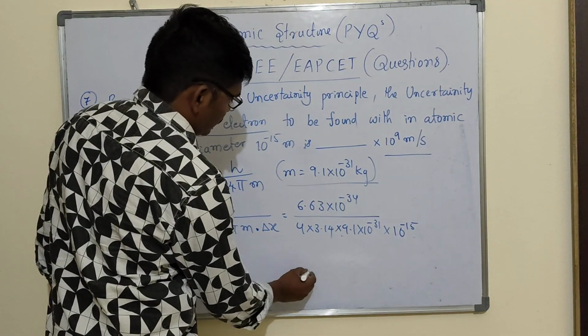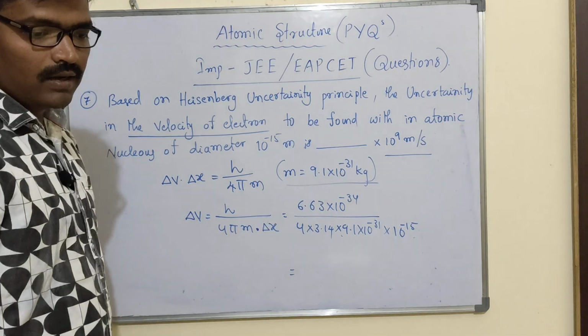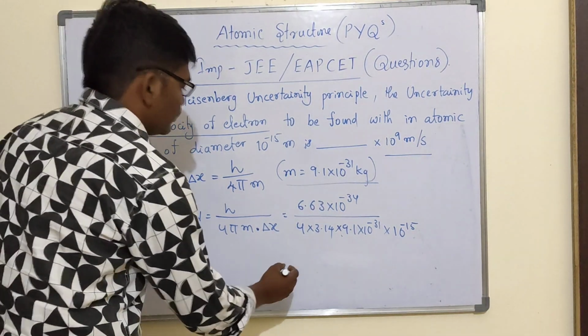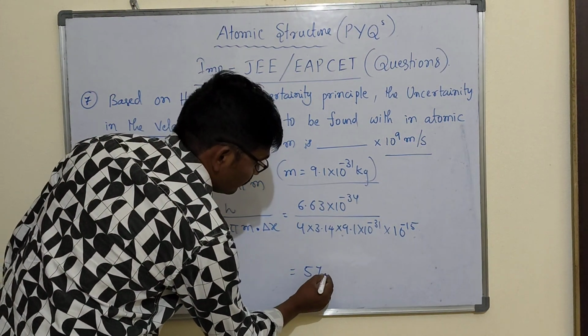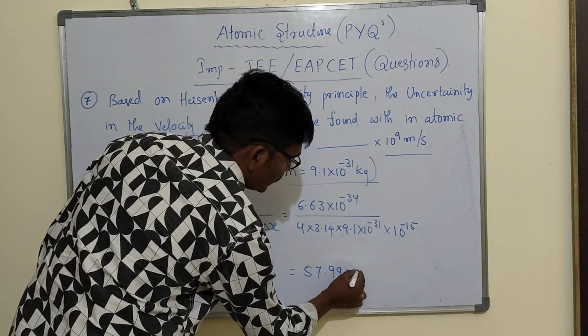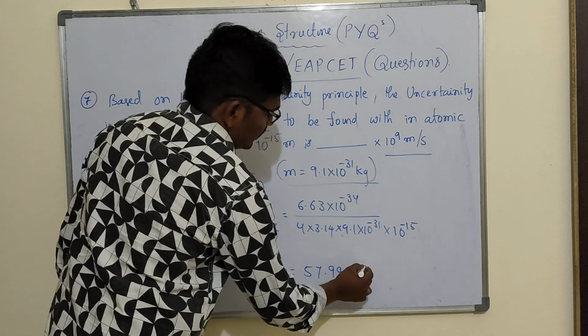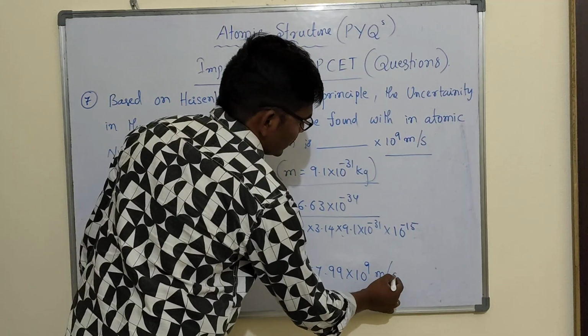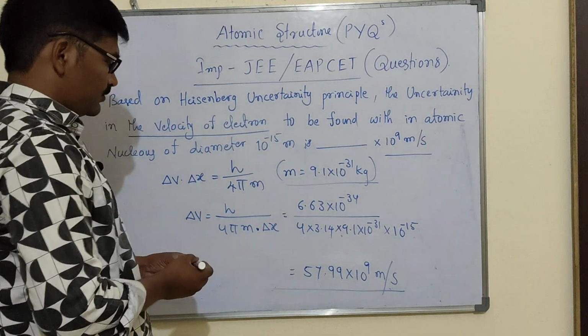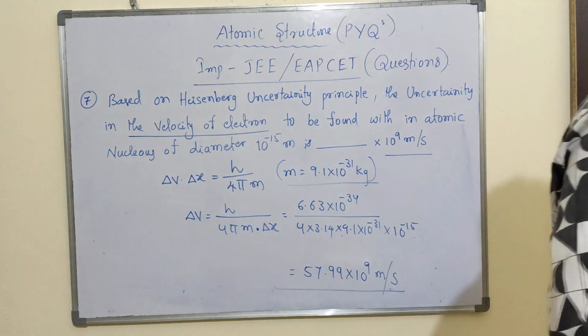Solving, you get 57.99 into 10 to the power of 9 meter per second. This is the answer. Just note it, all of you.